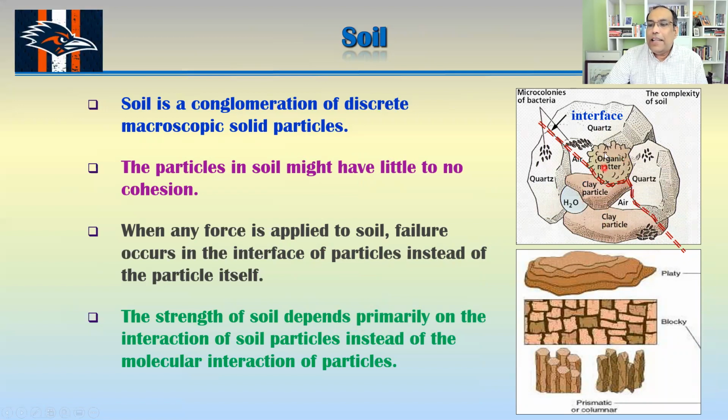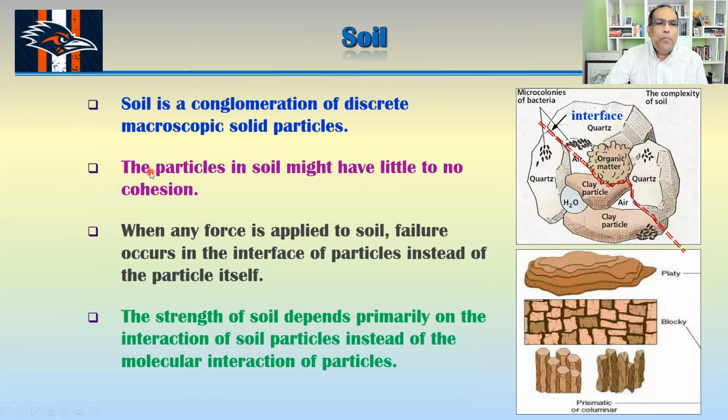And definitely you have some organic matter like rotten leaves or other type of stuff. And then you can also see there are a lot of bacteria in soil. And you can see there are some voids here. So these voids are filled with air, and these voids are filled with water. So that's basically the soil.